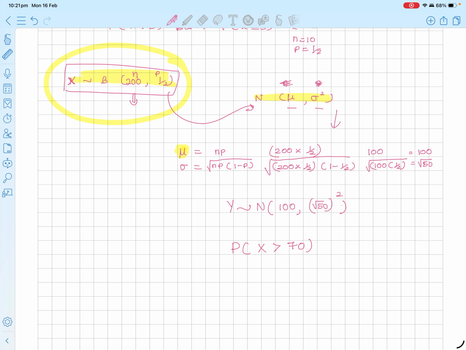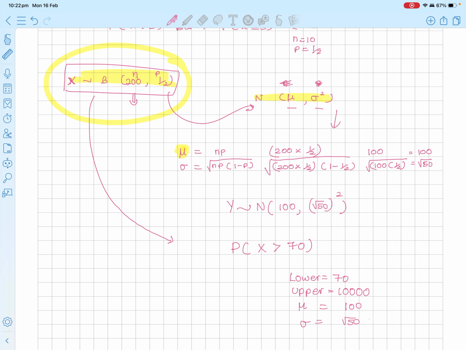Again, we know from the previous section that the lower is going to be 70, upper is going to be 10,000, because this time we're using normal distribution. So we've changed that binomial to a normal distribution. So mu as 100 and sigma as square root of 50.